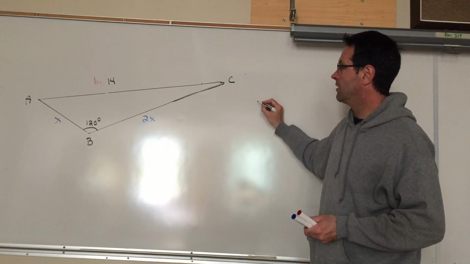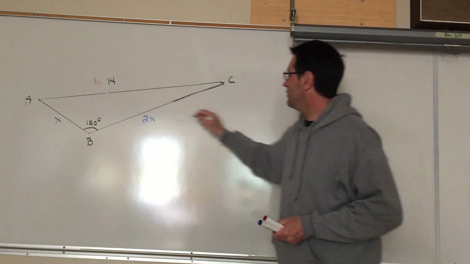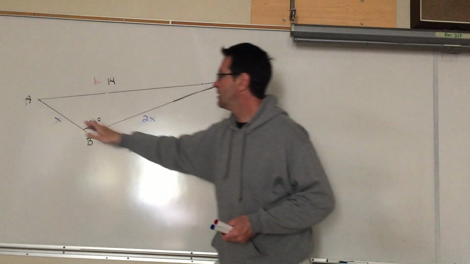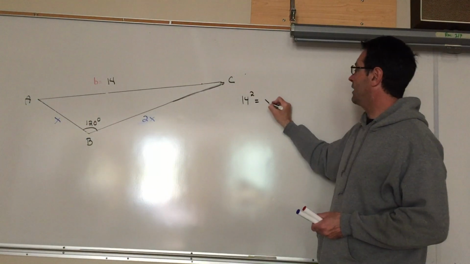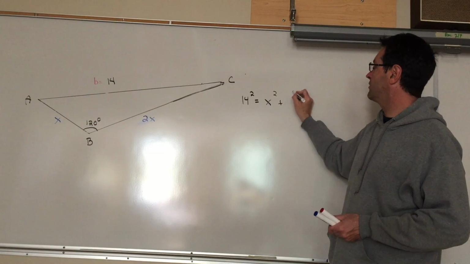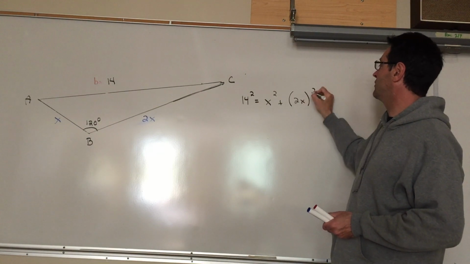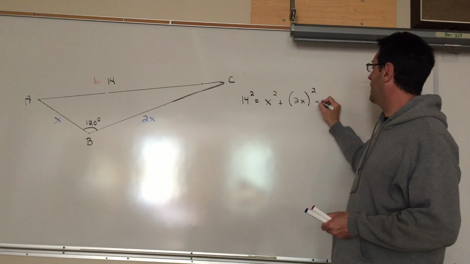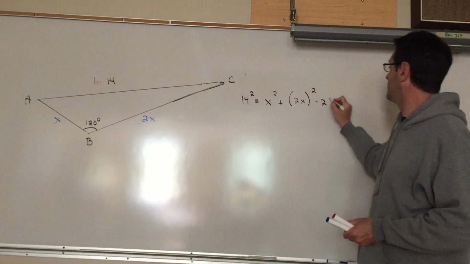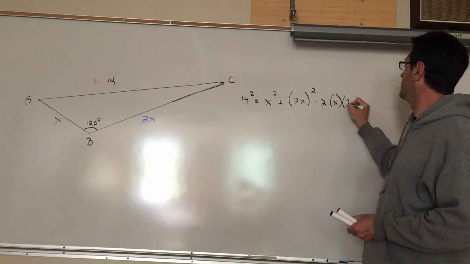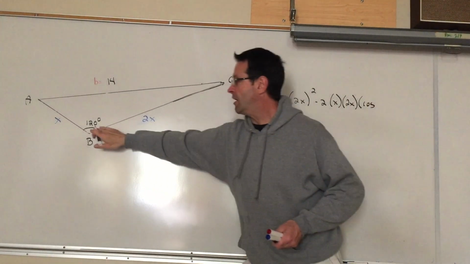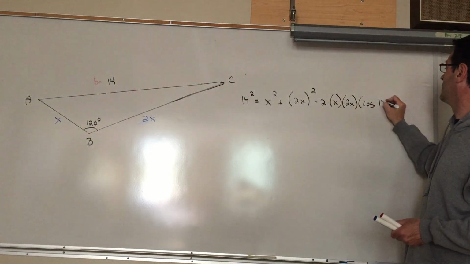I'll get you started here. We know that 14 squared is equal to that side squared, we'll call it x squared, plus that side squared, (2x) squared, minus 2 times x times 2x times the cosine of 120 degrees.